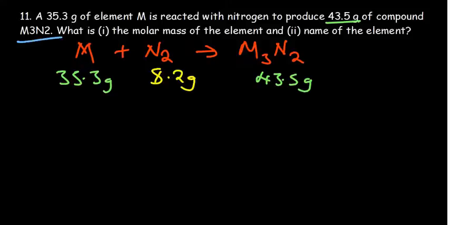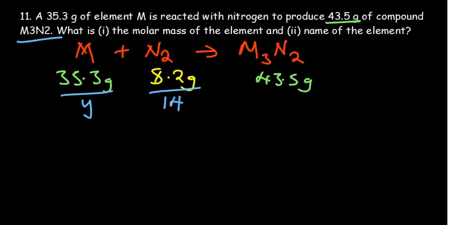They are in the ratio of 3 to 2. So take advantage of that. Those are the more ratios. So we'll try to come up with a way of expressing the number of moles of these elements. So for M, the mass has been given in the question, so just say divided by its molar mass. Let's say its molar mass is Y. And then nitrogen, of course we know the molar mass is 14.